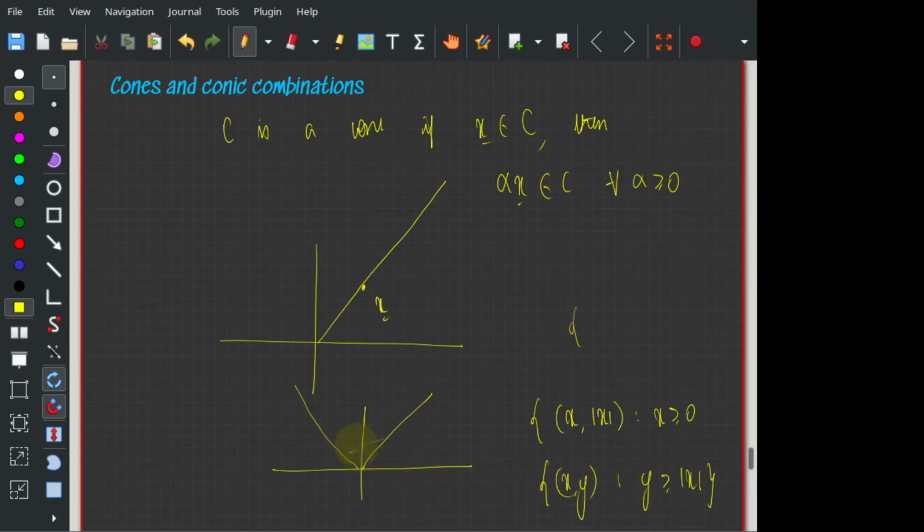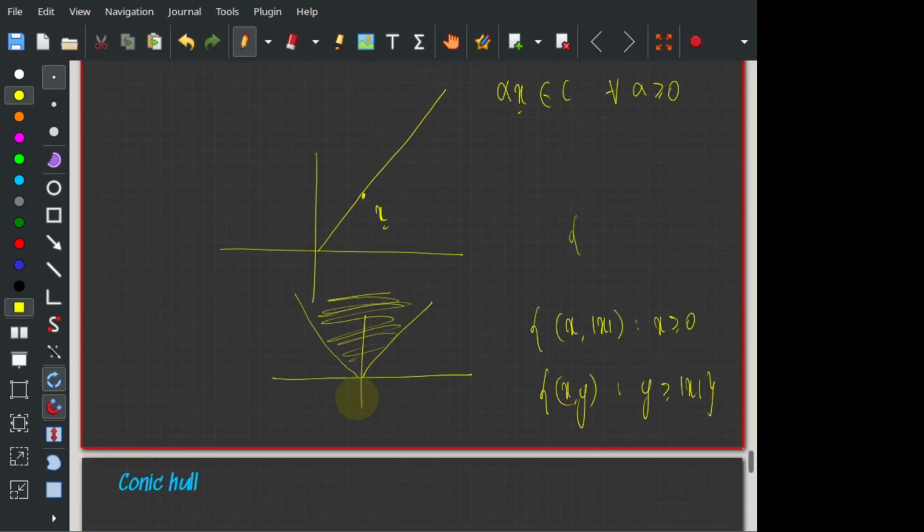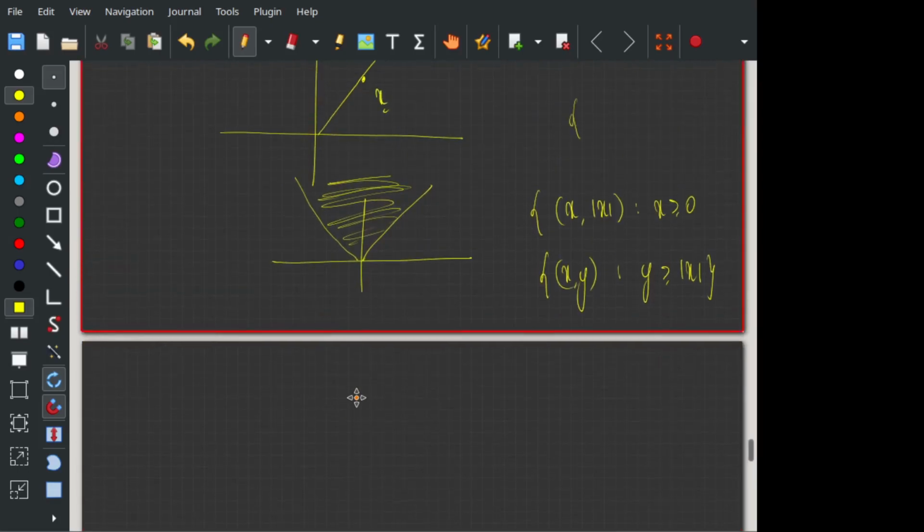Basically this entire region, and at least visually, that's what a cone would look like.